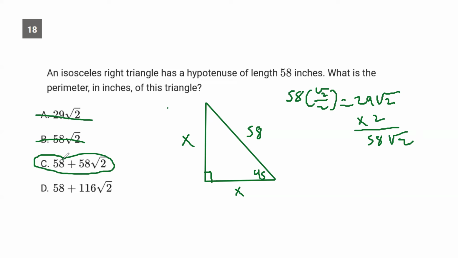If you forget that this is a special right triangle, but you remember that each of these has to be the same length, then you can do the Pythagorean theorem, doing x² plus x² equals 58². You get 2x² equals 58². That will give you 2x² equals 3364.